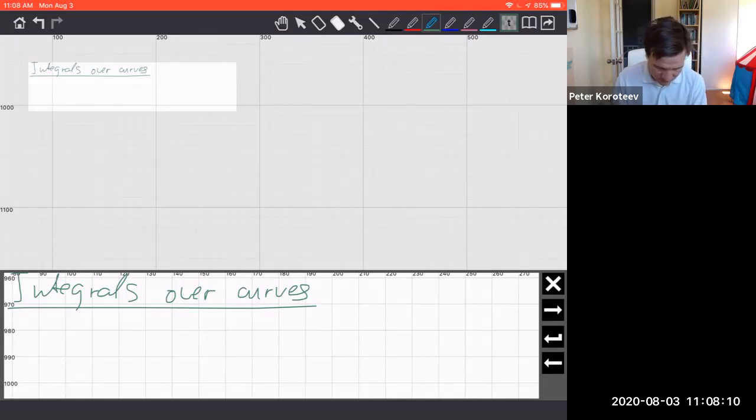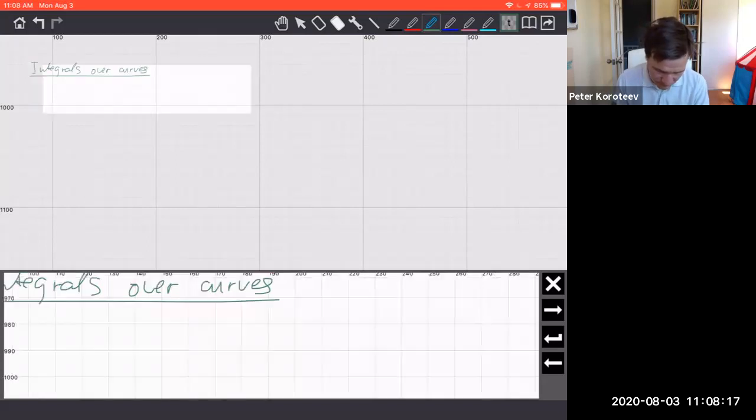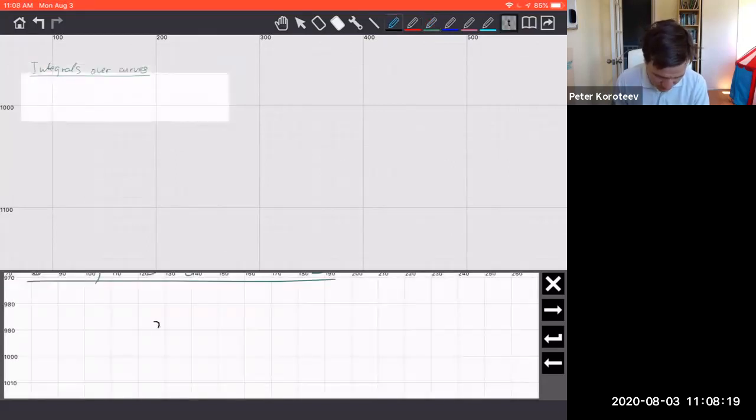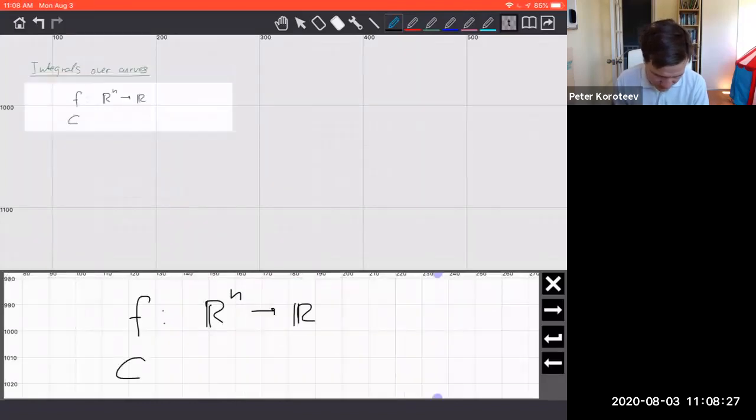In the terminology of the previous hour, these will be scalar fields. So say you are given a function f from Rn to R, and then there's a curve C.